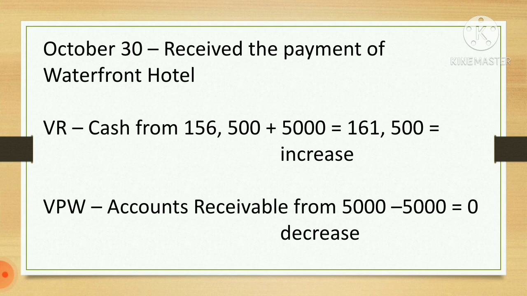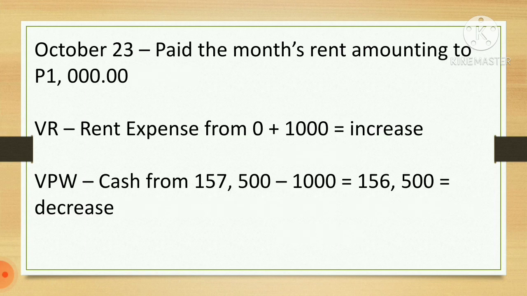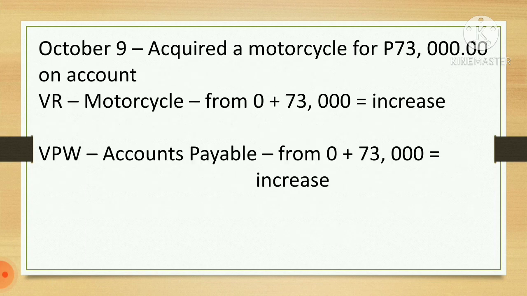It's 5,000. So going back, 156,500 plus 5,000, it becomes 161,500. So what happened to the cash then? Did it increase or did it decrease? It increased.